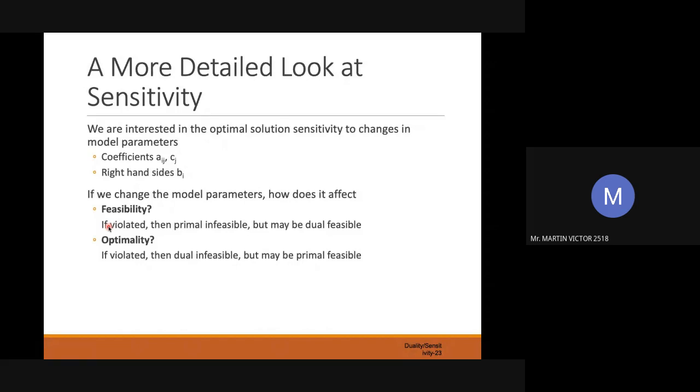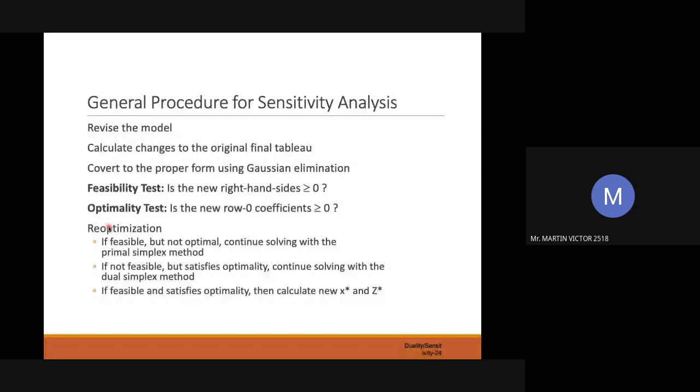Is the new right hand side greater than or equal to 0? Are the new row coefficients greater than or equal to 0? Then we do some re-optimization: if feasible but not optimal, if not feasible but satisfies optimality, or if feasible and optimal. These are some of the procedures that we have to follow when doing sensitivity analysis.